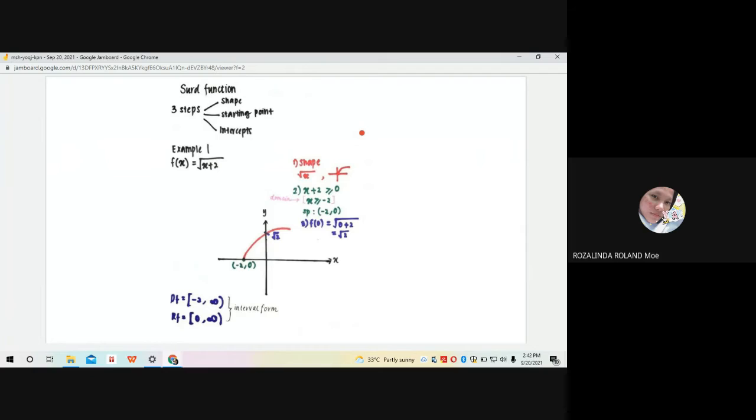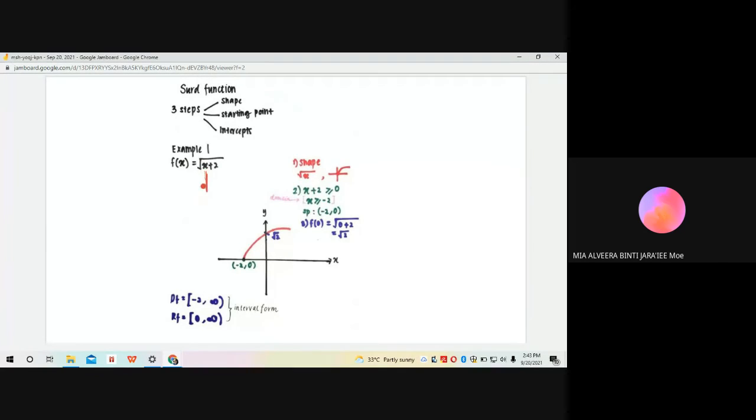Okay, so like what Rosalinda said, to determine the shape of cert functions, there are 3 steps that you have to take when determining the function shape. So there's the shape, the starting point, and the intercept. So referring to example 1, fx is equals to square root of x plus 2. To find the shape, you have to refer to the coefficient of x.